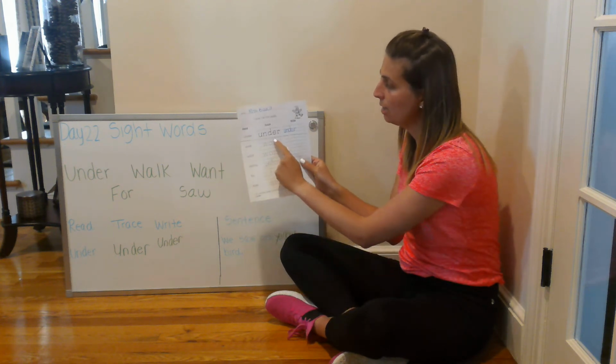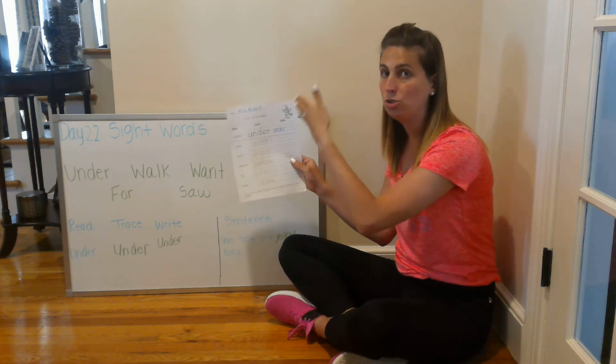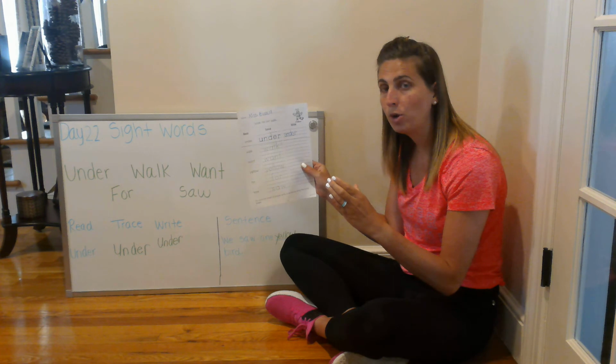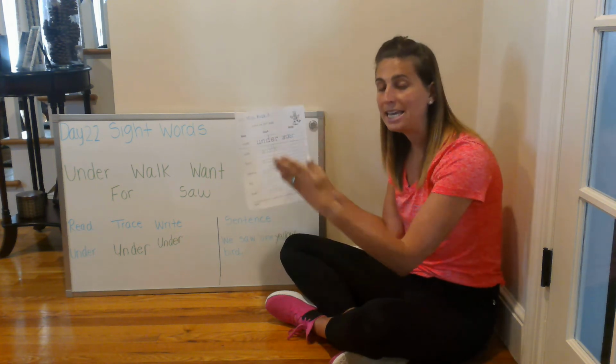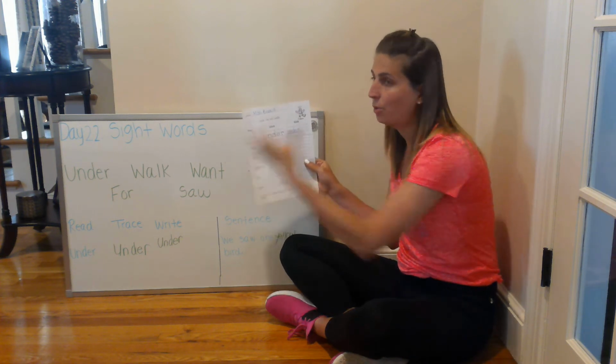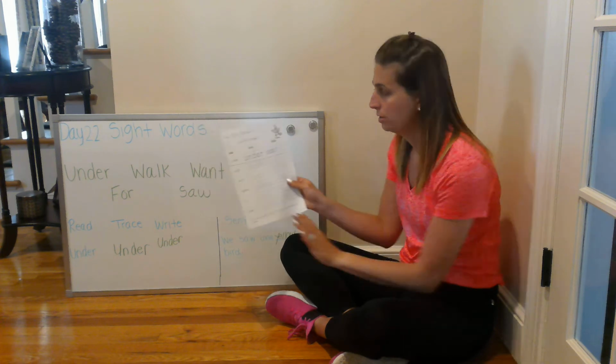The second column is you're going to trace the sight word by saying each letter as you trace it. And then the third column is you're going to write the sight word on your own by saying each letter as you write it. Remember, if you don't know the sight word off the top of your head, you're practicing sounding out the sight word.